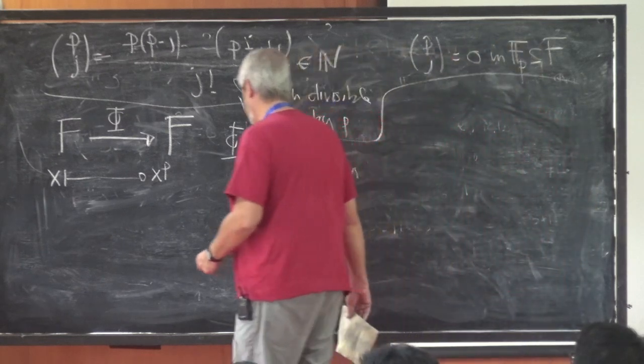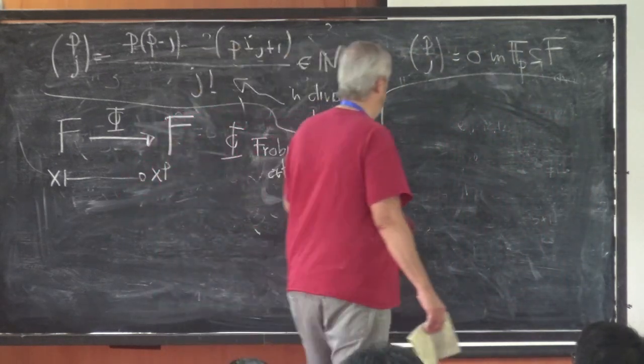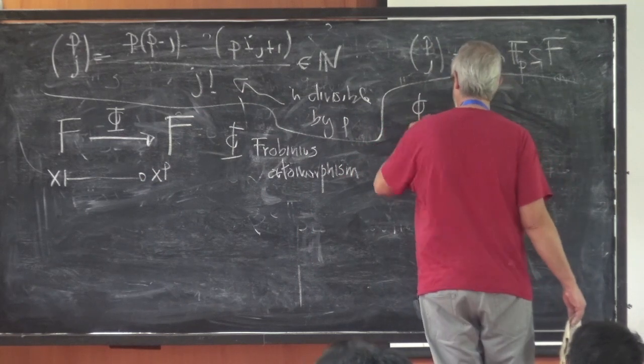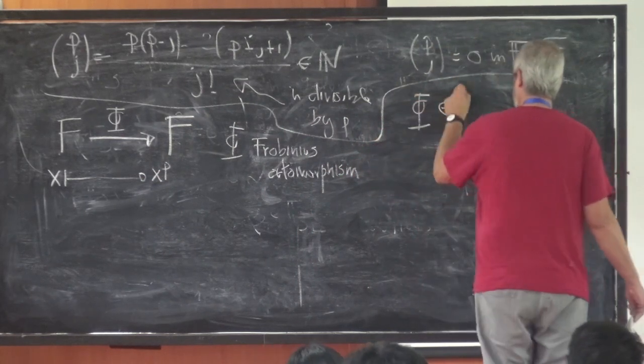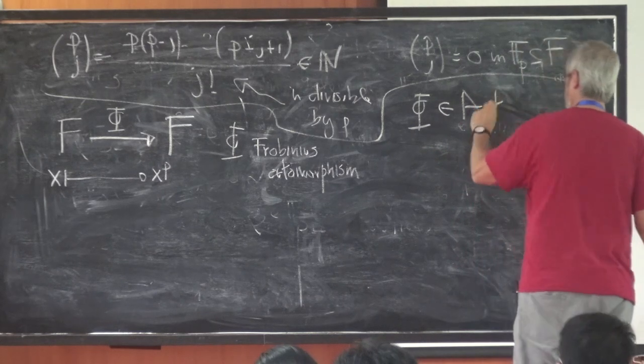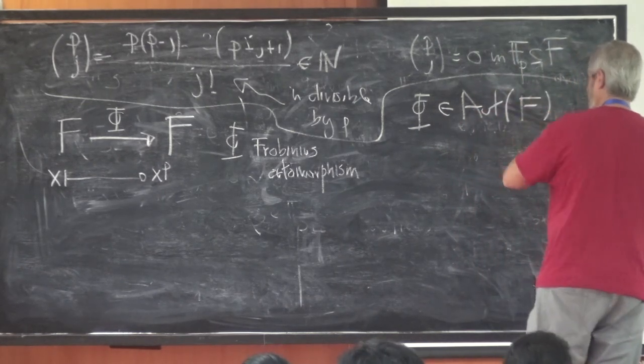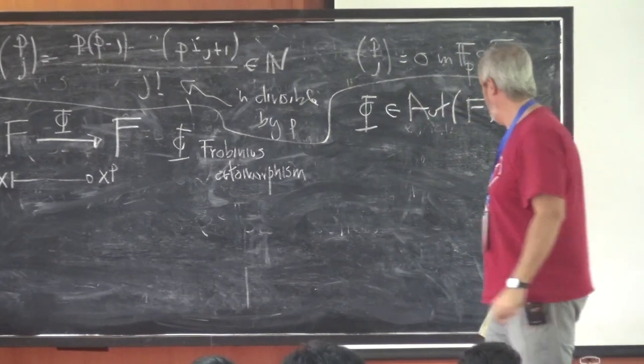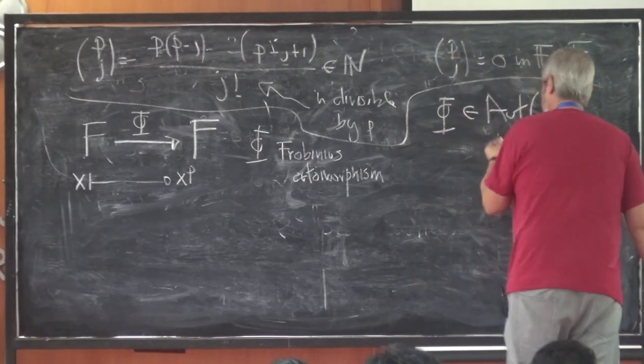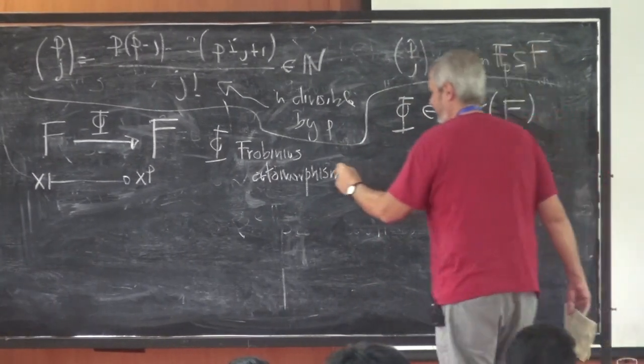And so phi is an automorphism of the finite field. Another property called Frobenius, right? Frobenius.